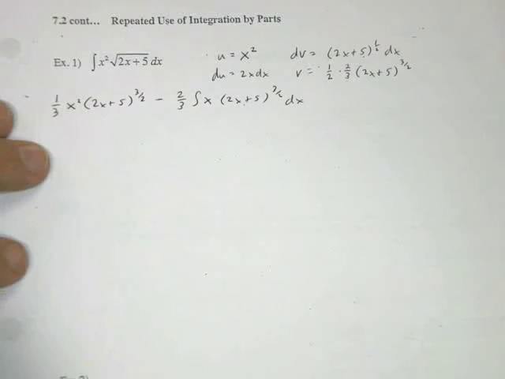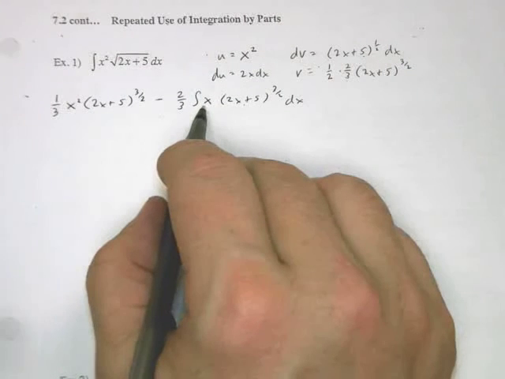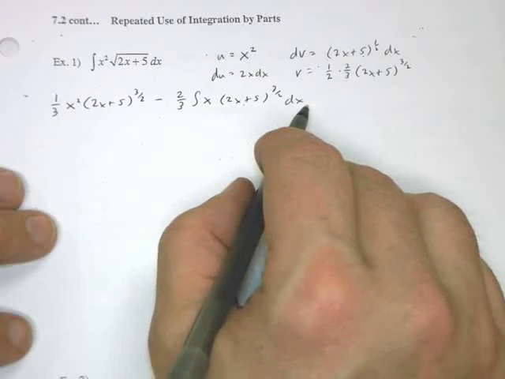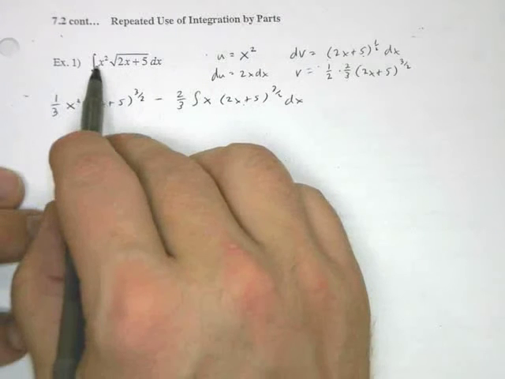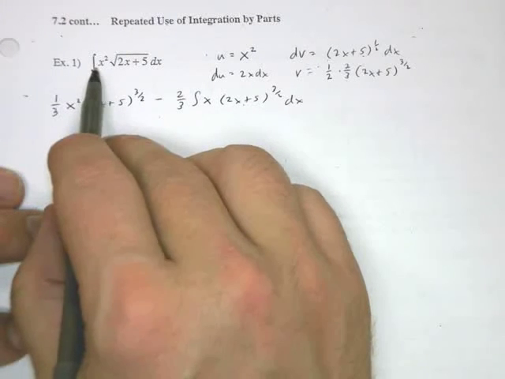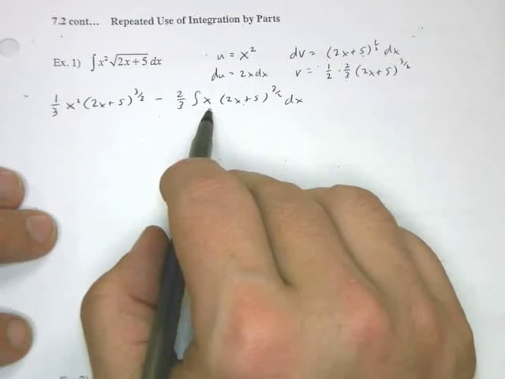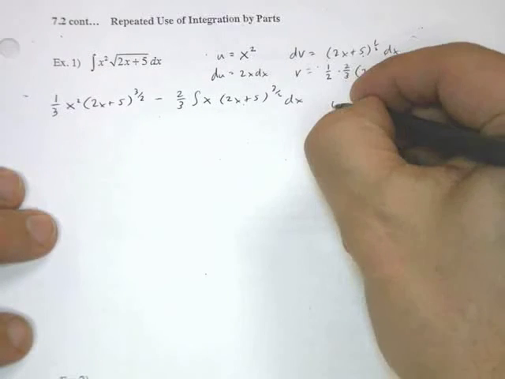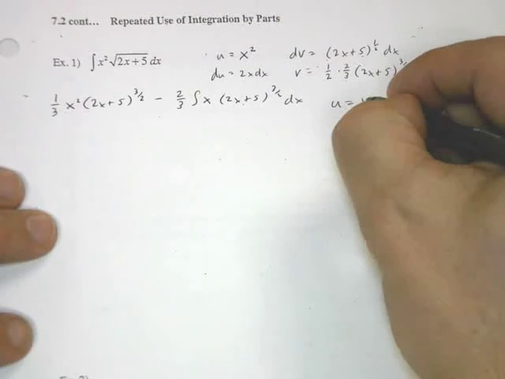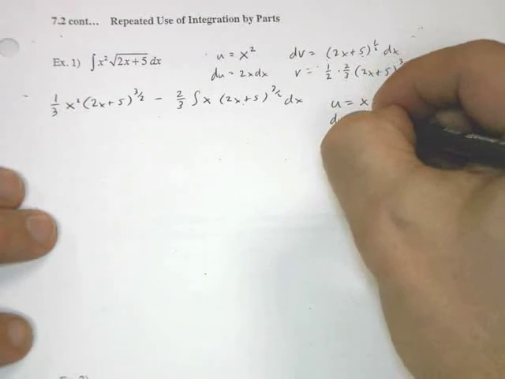Now, if there wasn't that extra x out there, we'd be all set. We could integrate this, and we'd be done. Because that was an x squared, when we did the integration by parts one time, we still have an extra x on the outside that we don't need. So I'm going to do integration by parts again. Now, in this case, u is going to be x. du is now going to be dx.